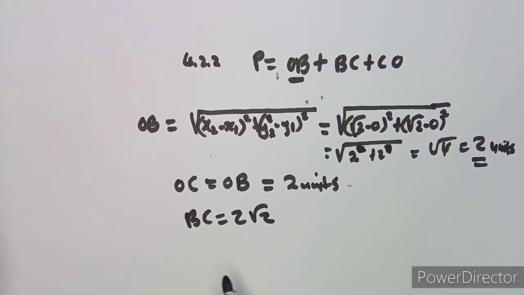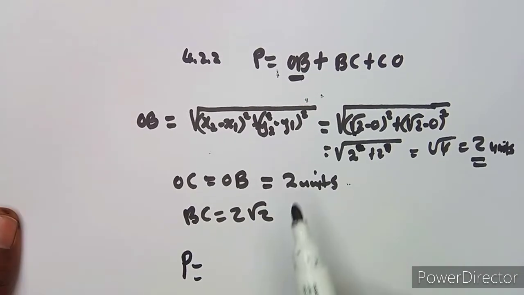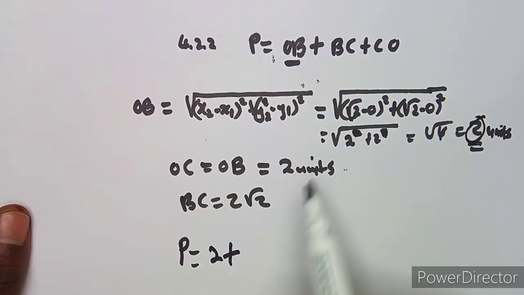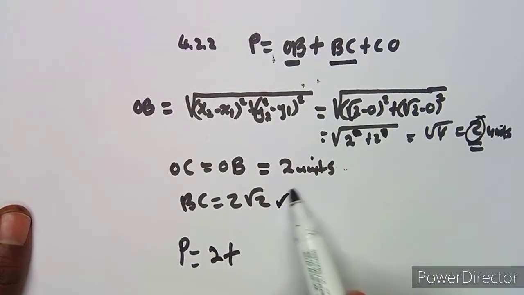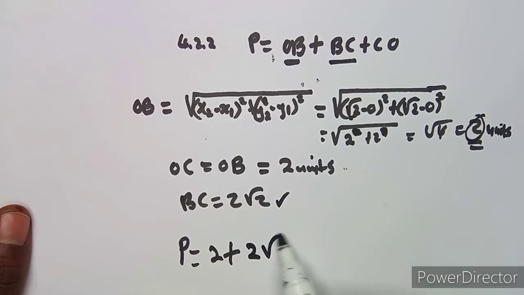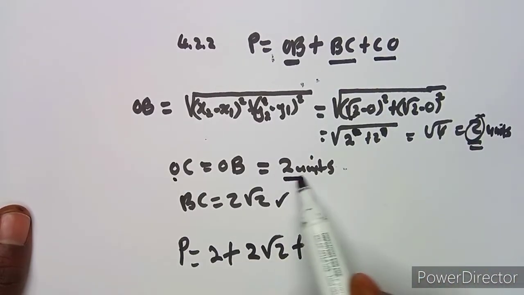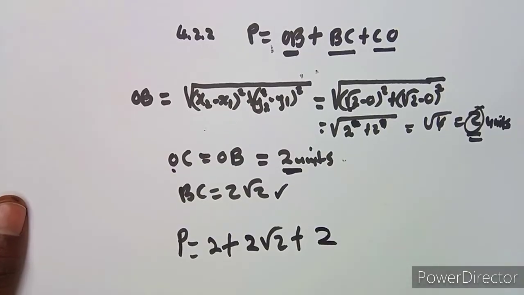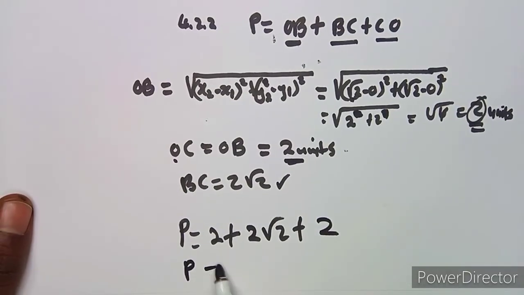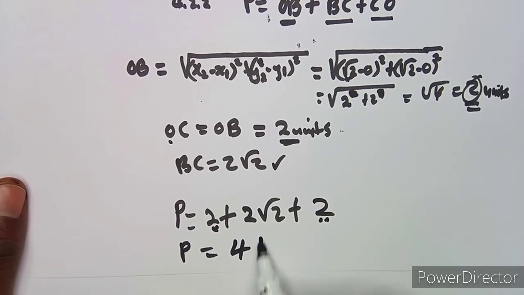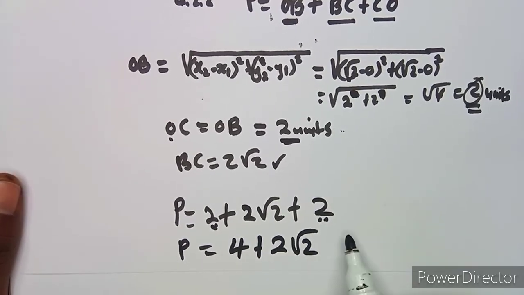All right, so now for our perimeter, we add everything. OB, we said, is 2, plus BC, which is 2 square root of 2, plus CO, which is the same as OB, which is 2. So this is what you're going to have. Your perimeter is 2 plus 2, that is 4, plus 2 square root of 2 units.